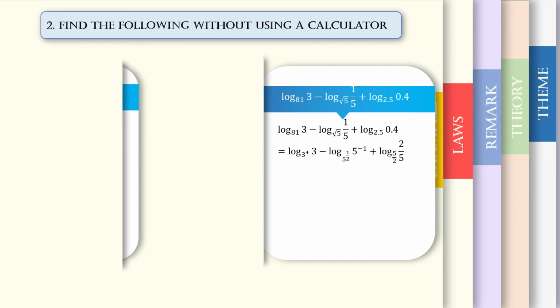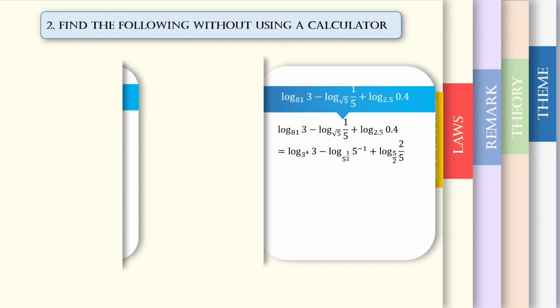But if you analyze attentively each logarithm, you can see the following connection. In the first logarithm, the base is 81, while the argument is 3. Interesting. What can we do here? Oh, yes. 81 is equal to 3 raised to power 4. So, the first logarithm will be written in the form logarithm base 3 to power 4 of 3.